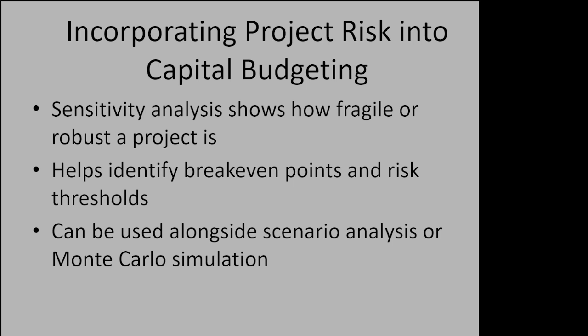You can also use this tool to find break-even points, like the minimum sales volume needed to justify the investment. While sensitivity analysis is often used on its own, it can also be combined with scenario analysis or Monte Carlo simulations for a deeper dive into risk. Ultimately, it helps decision makers choose projects that not only look good on paper, but can also withstand real-world uncertainty.